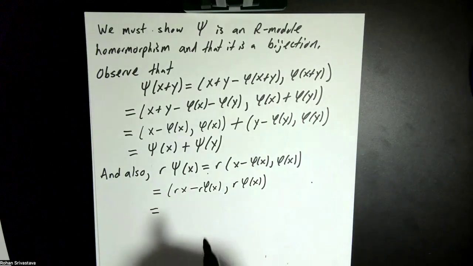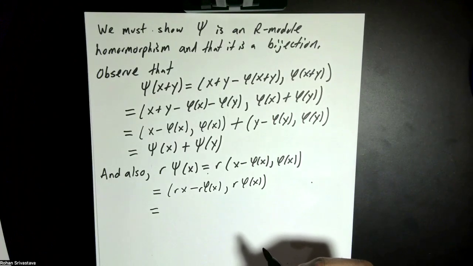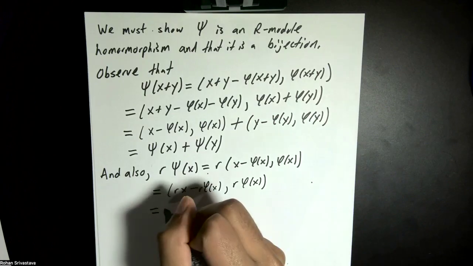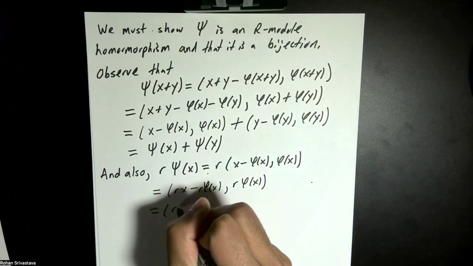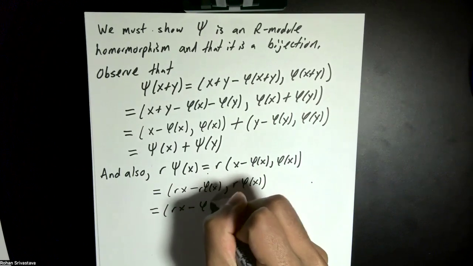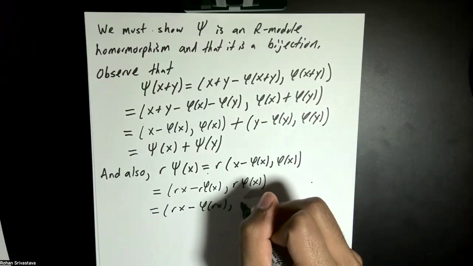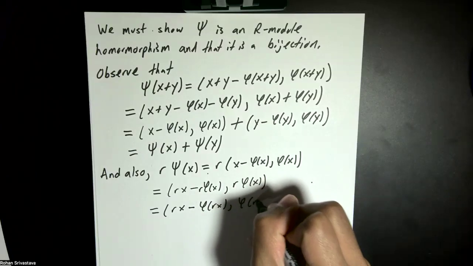And now since phi is an R module homomorphism, we get to move the r inside. So we have the ordered pair rx minus phi of rx, and r phi of x is phi of rx.